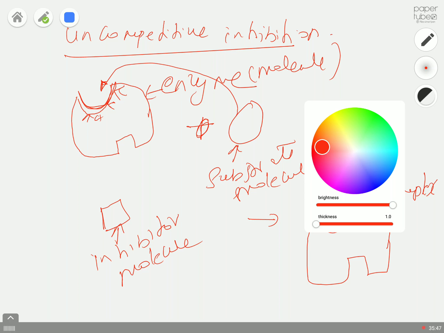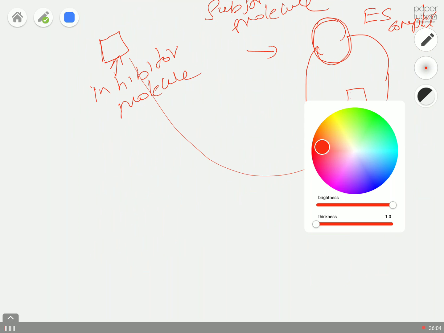I think this is a very bad diagram. Just assume this is your enzyme. So once it binds, your inhibitor can go only to this particular spot. So it can bind only to the enzyme substrate complex.